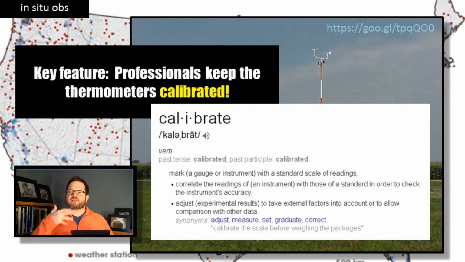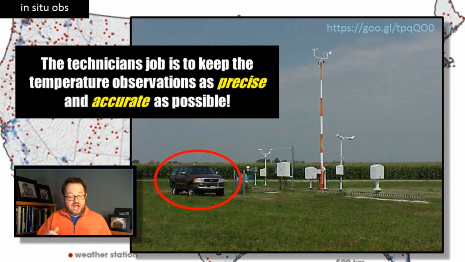So, for example, they might put the thermometer into an ice water bath. Ice water has a temperature of exactly 0 degrees Celsius. So they make sure the thermometer reads 0 degrees Celsius when it's in there. And there are other kinds of controlled ways to calibrate the different instruments. So it's these meteorological technicians' job to keep the temperature observations as precise and accurate as possible.